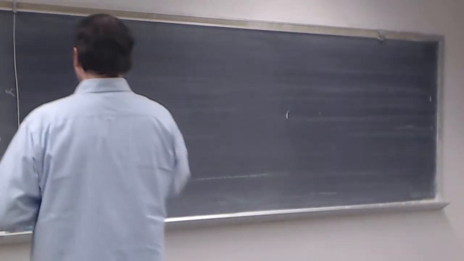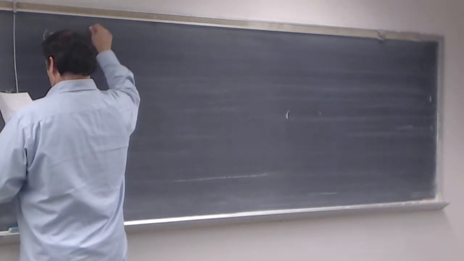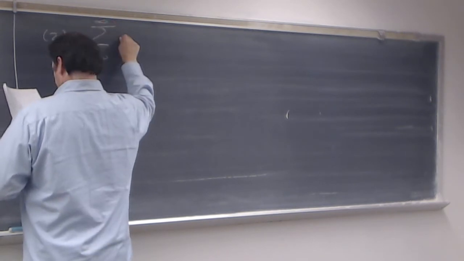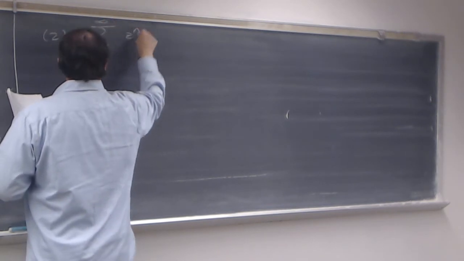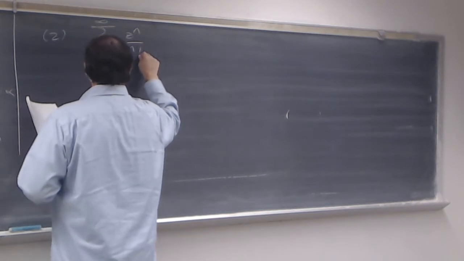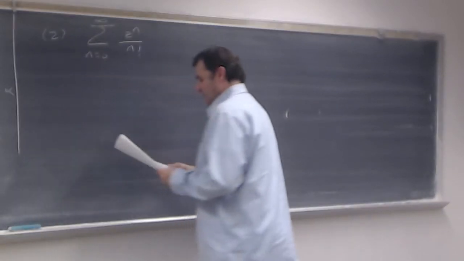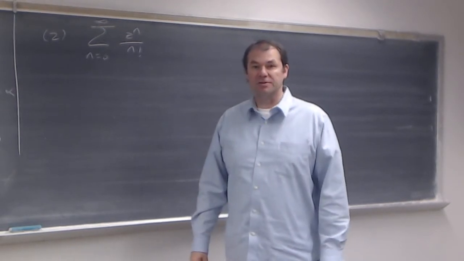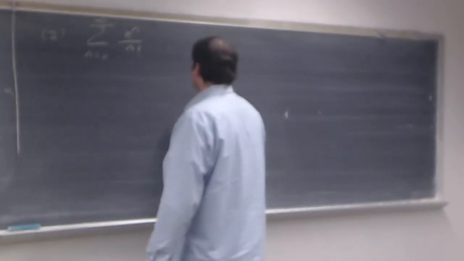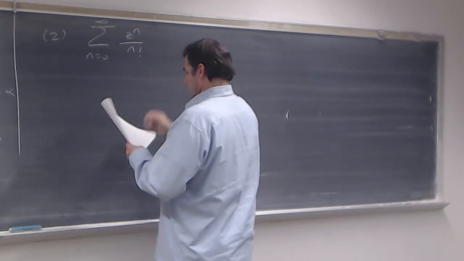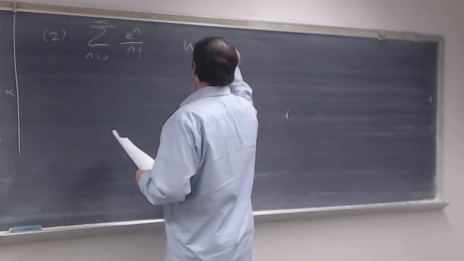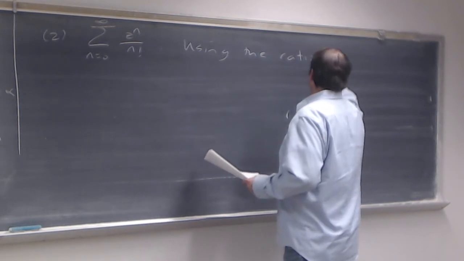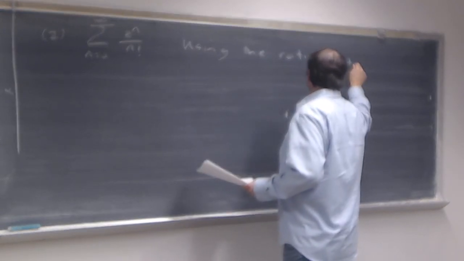Our second example is to look at the power series as n runs from 0 to infinity of z to the n over n factorial. Now, in terms of trying to figure out where this power series converges or diverges, we're going to use the ratio test. Here's what we get.